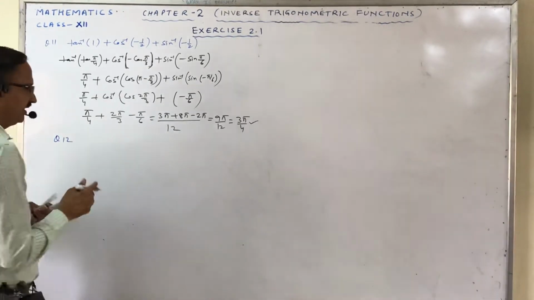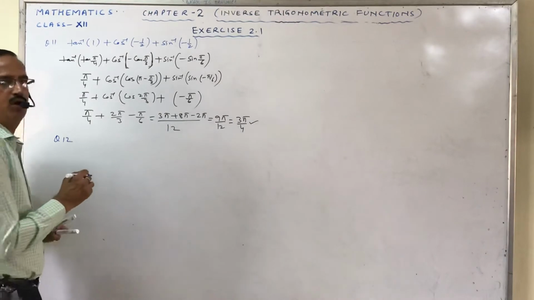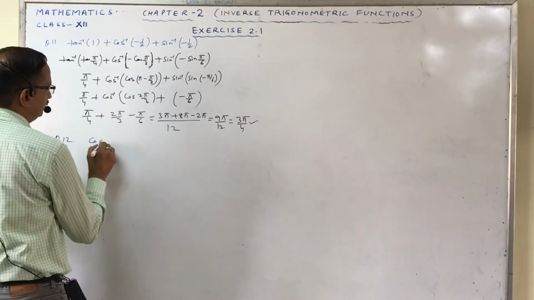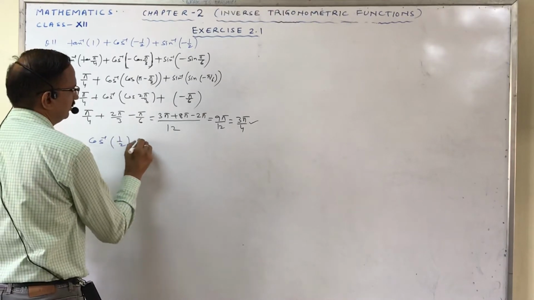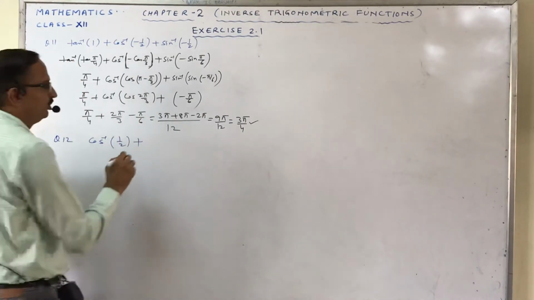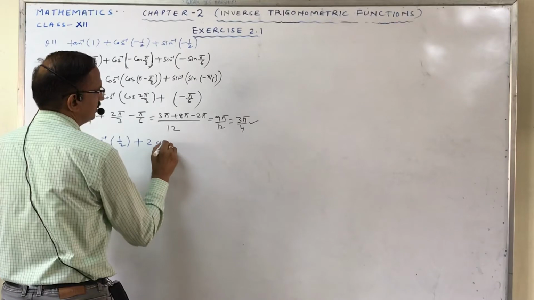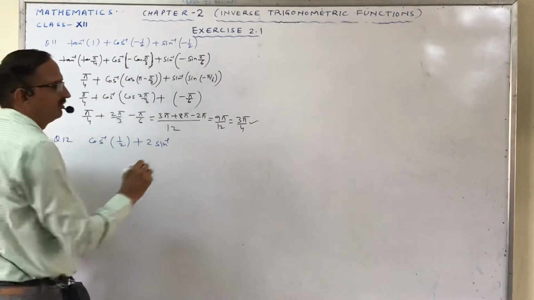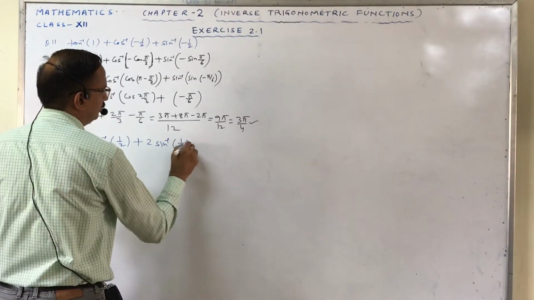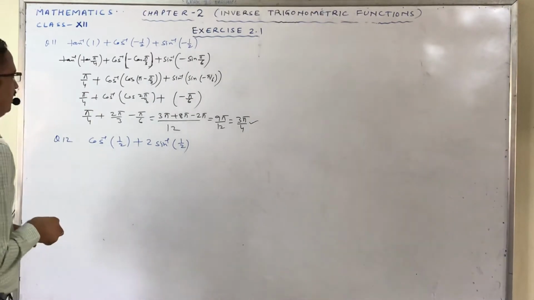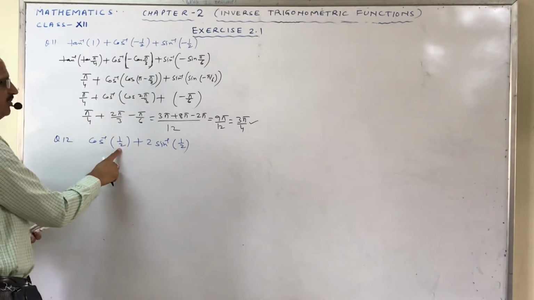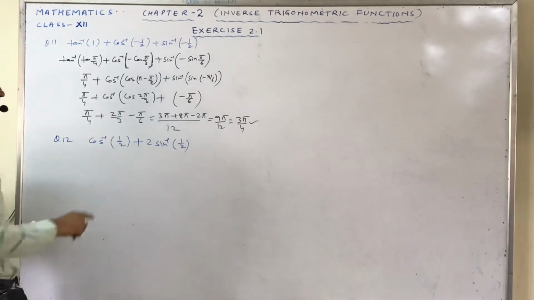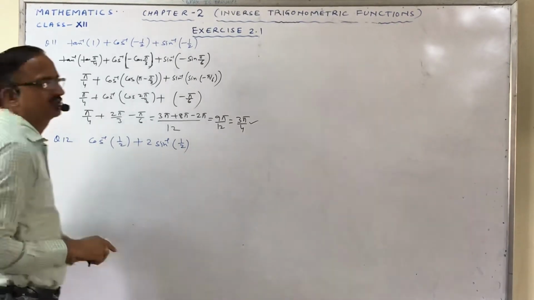Now come to question number 12. Question number 12 is like this: cos inverse 1 by 2 plus 2 sin inverse 1 by 2. Now we will write the value in place of 1 by 2 and 1 by 2. This is cos inverse.